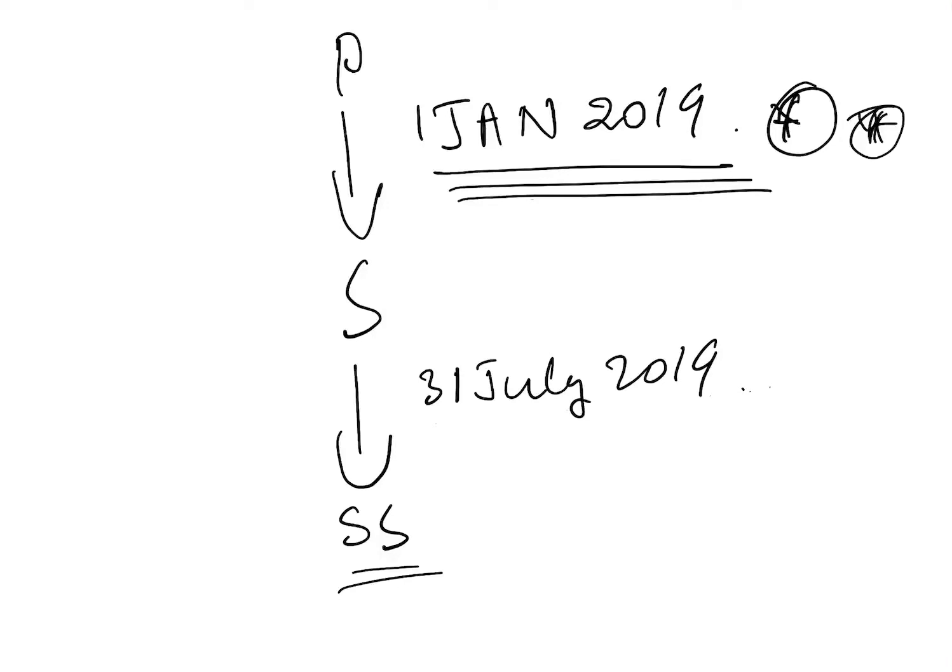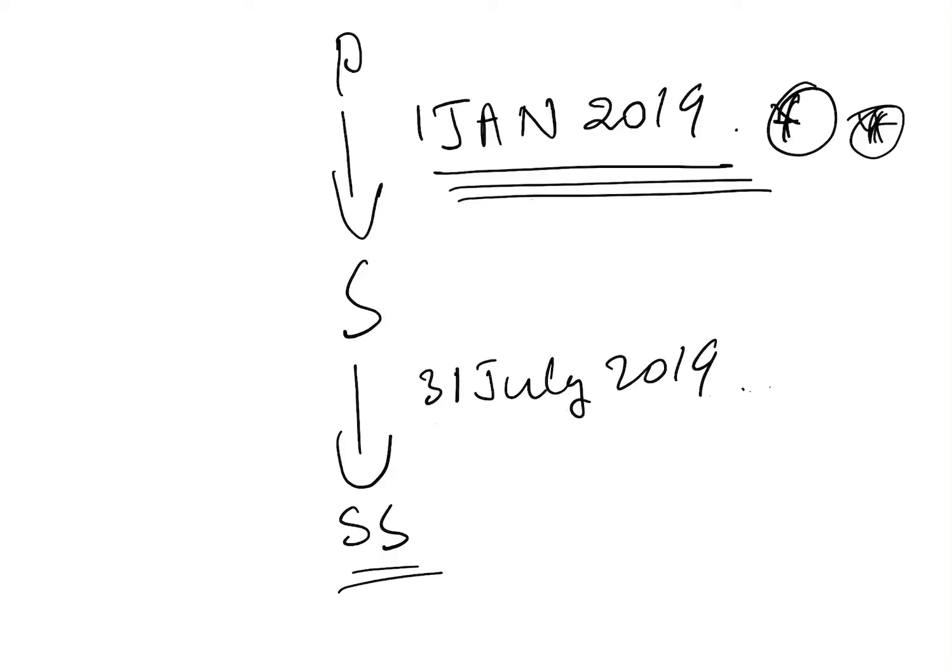Are we together? So when we start to consolidate, we are still going to use the 1st of January 2019. But one thing we should take note of: on the 1st of January 2019, there was no sub-subsidiary. There was only a subsidiary.